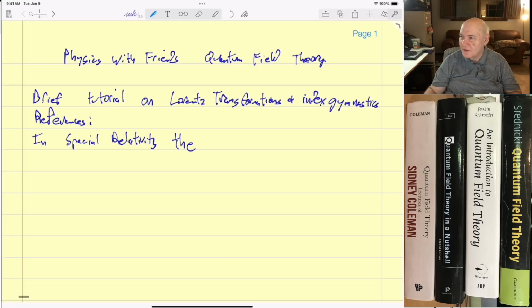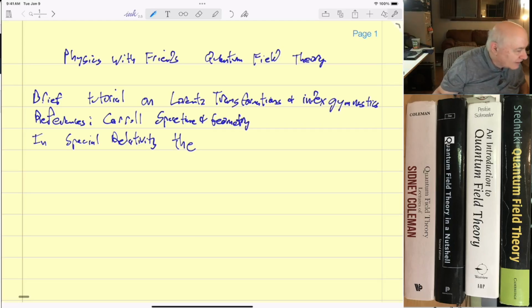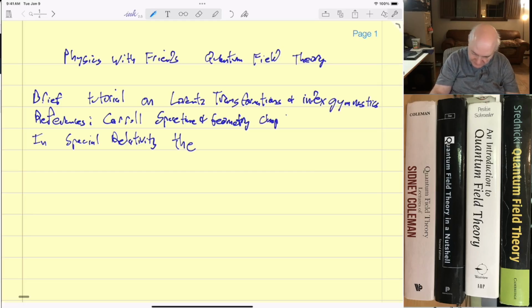For instance, John Carroll's book, he has a very good treatment in his general relativity book, Space-Time and Geometry. I think it's chapter 1. He treats this material.